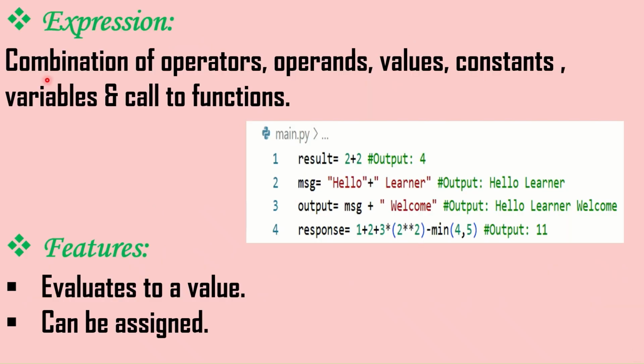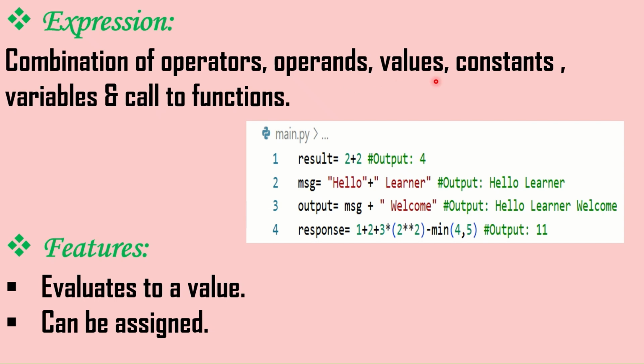An expression in Python is simply a combination or a sequence of operators, operands, values, constants, variables, and calls to functions. We have already talked about operators and operands in our last session, right? An operator is a symbol that performs an operation, whereas an operand is the one on which the operation is going to be performed.